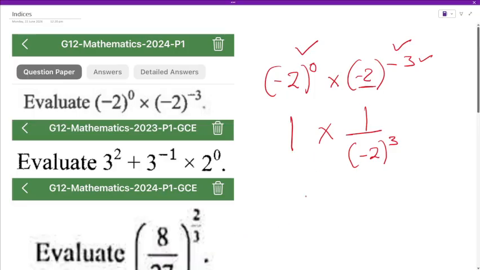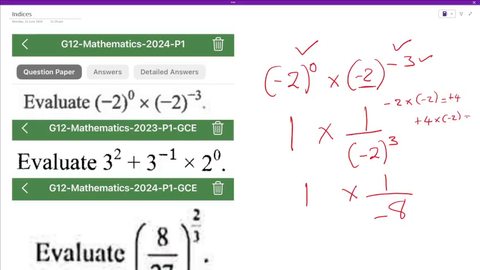So if we simplify there, we can say 1 times 1 over negative 8, because negative 2 times negative 2, what does it give you? Gives me positive 4. Then I'll say positive 4 times negative 2. What does it give me? Positive times negative there is negative. 4 times 2, 8. That is a negative 8 you are seeing down here. At this point, we can now say over 1.